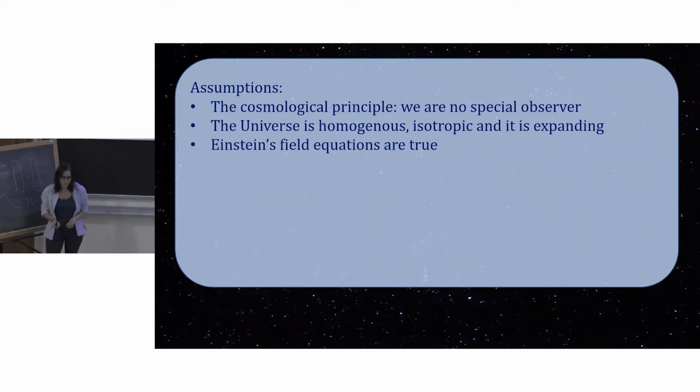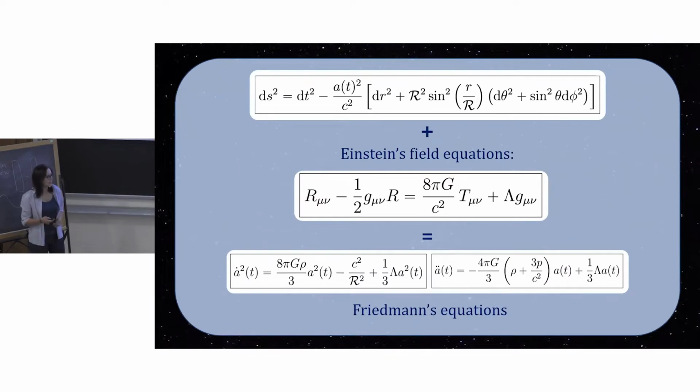Another assumption is that Einstein's field equations are true. And if we take this for granted, we can combine the metric I was showing with the field equations and derive these two equations here, which are called Friedmann's equations. You can see that they are describing the evolution of the scale factor of the universe, so they describe its derivatives.